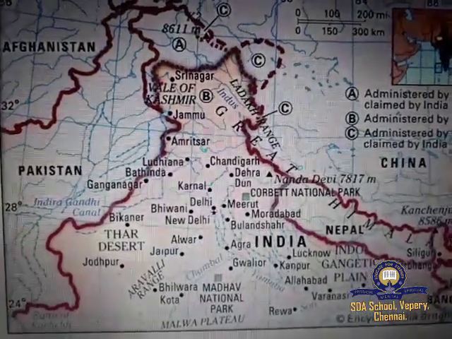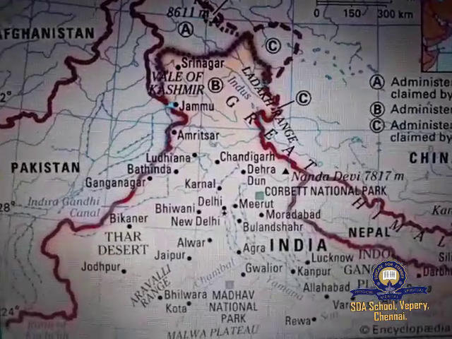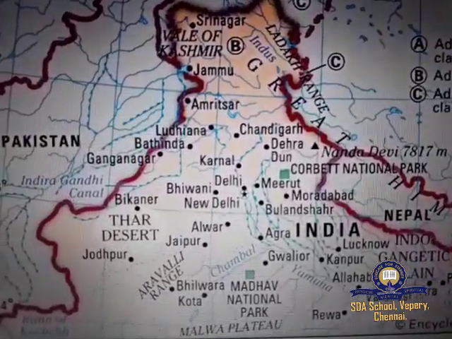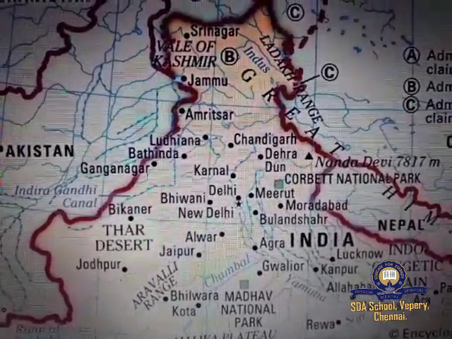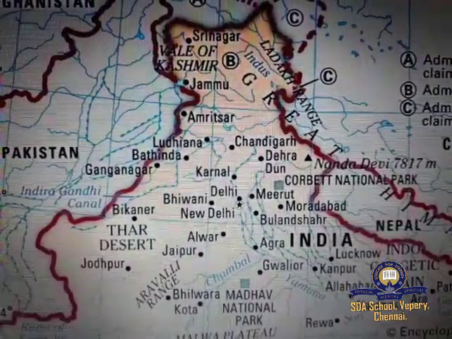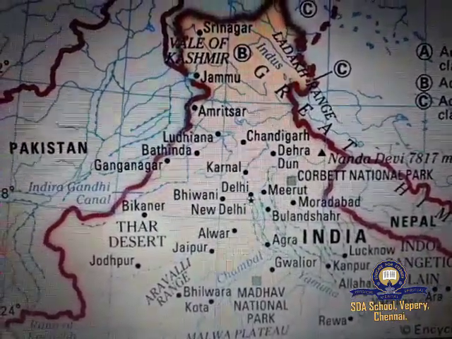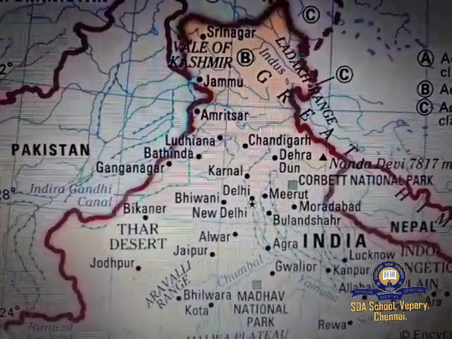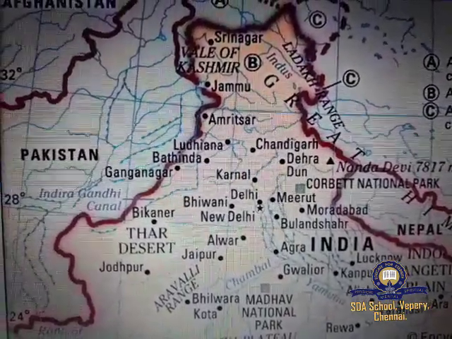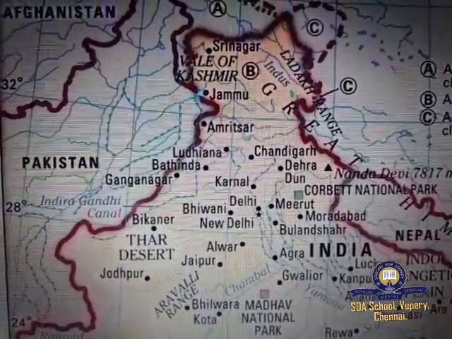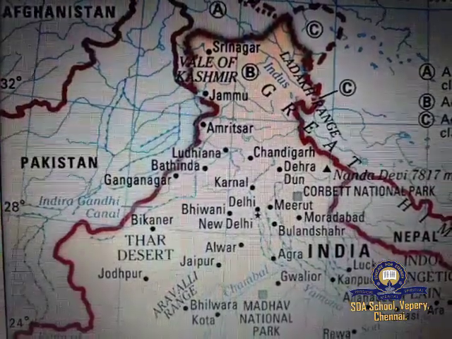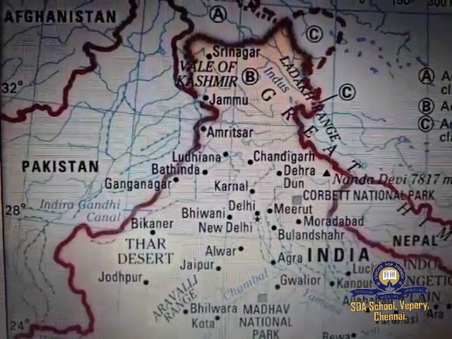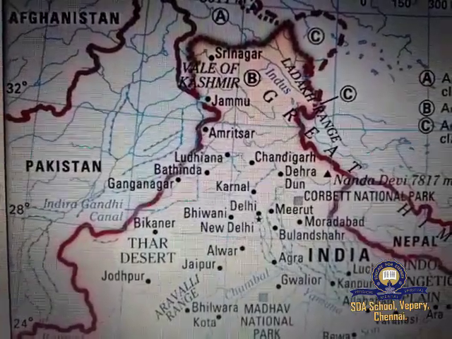The Indian Desert. The Thar Desert, also known as the Great Indian Desert, is a large arid region in the northwestern part of the Indian subcontinent. It covers an area of 2 lakh square kilometers and forms a natural boundary between India and Pakistan.